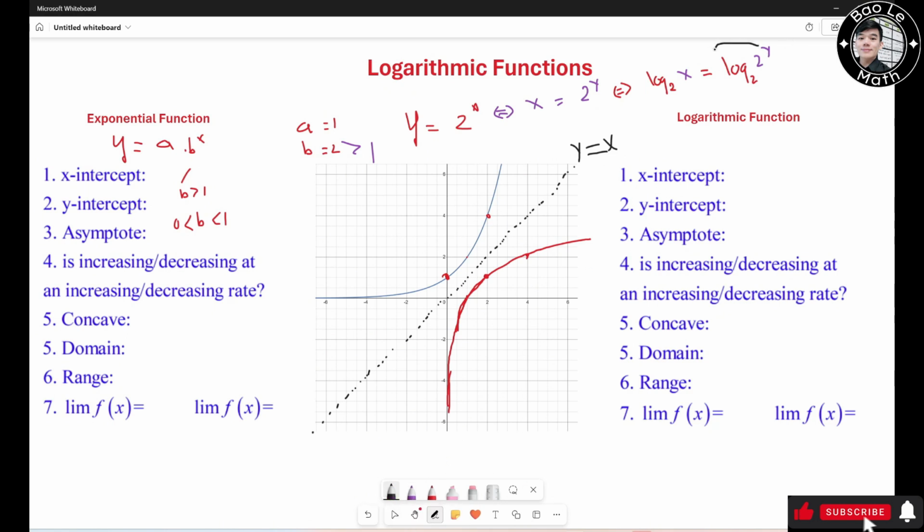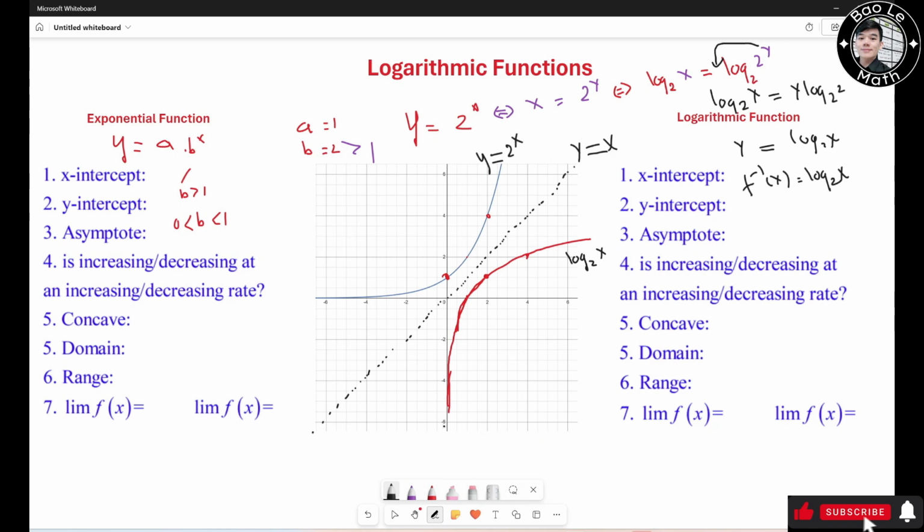Now this one I just bring y to the front, right? So it's gonna be log base 2 of s equals y times log base 2 of 2. But log base 2 of 2 is equal to 1, right? So I have y equals log base 2 of s, which means f inverse of s equals log base 2 of s. So the logarithmic function has the equation log base 2 of s, and this guy is y equals 2 to the s, right?